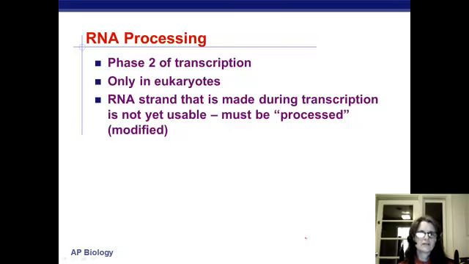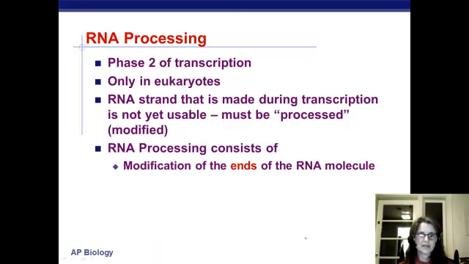The RNA, when it is first completed, is not usable. We've got to do some things to it. The first thing we have to do is modify the 2 ends of the molecule. So if this is my RNA molecule, I have to do something to the starting end and the ending end.